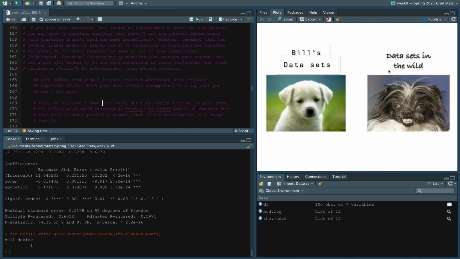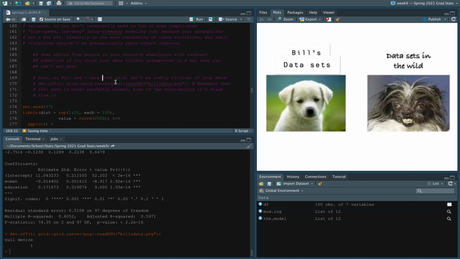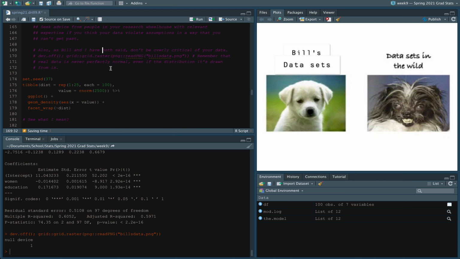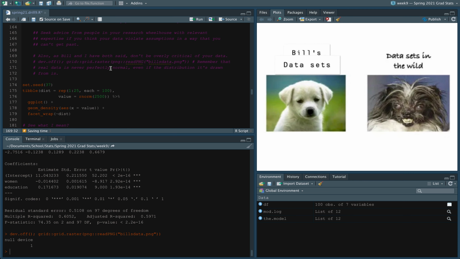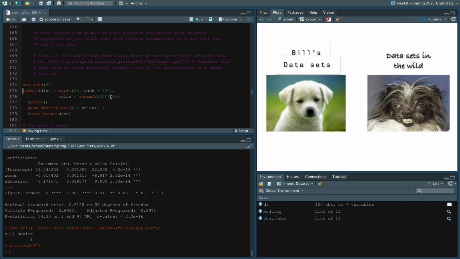It's usually pretty simple, straightforward data sets, just to answer specific questions. But when you get into the real world, you're not going to ever have data sets quite that clean and pretty. And so, as Bill mentioned, and I've told a few of you, I constantly get people asking, what do I need to do because my data is significantly skewed? And I just want to remind you that all I'm doing here is creating a table.